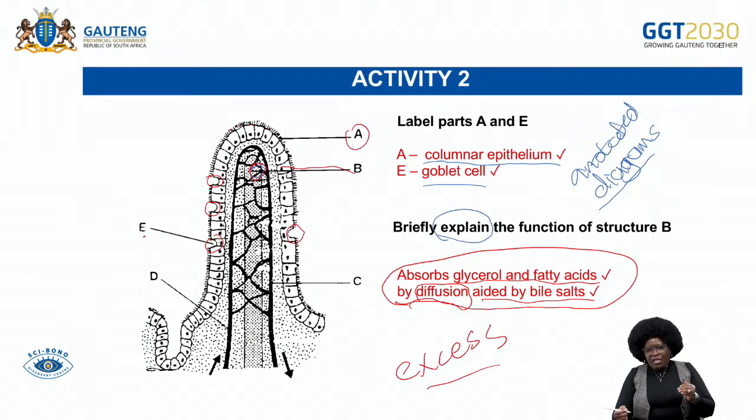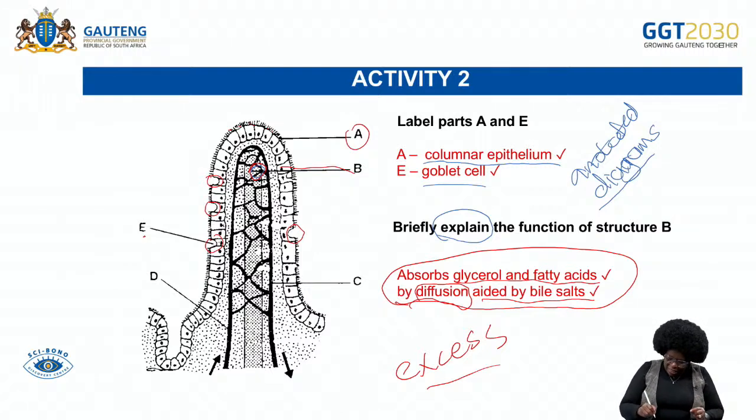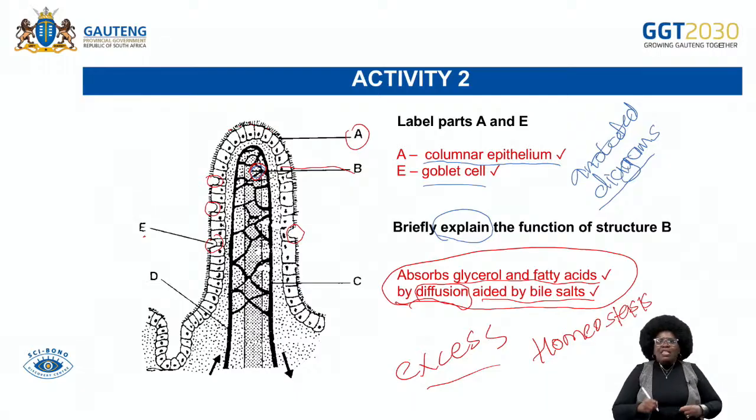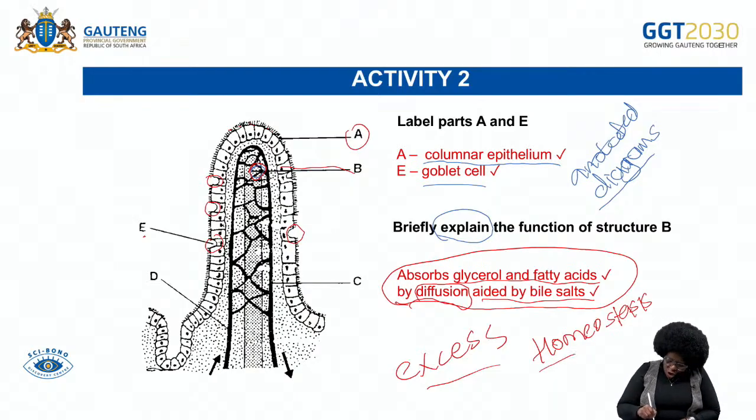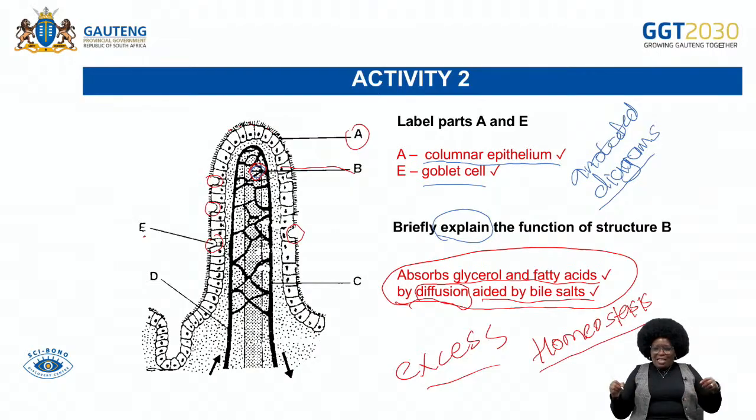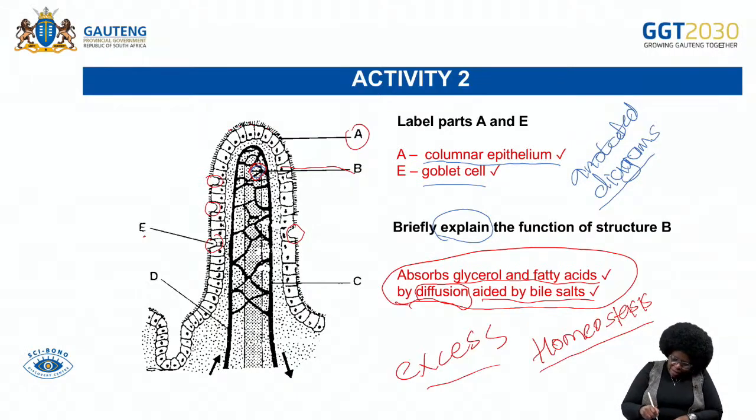So excess of it, we need to deal with, hence you have learned about homeostasis. This you must remember because it applies to so many things. The normal functioning of our bodies is controlled by homeostasis.